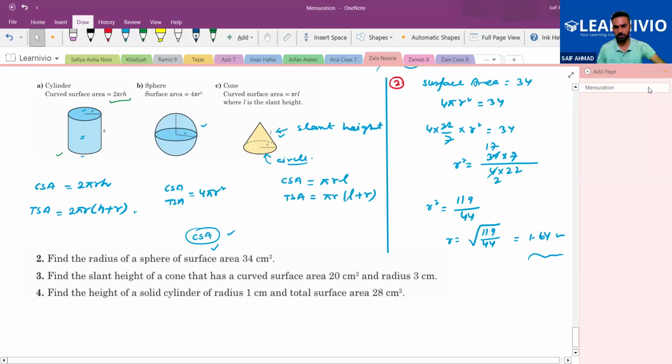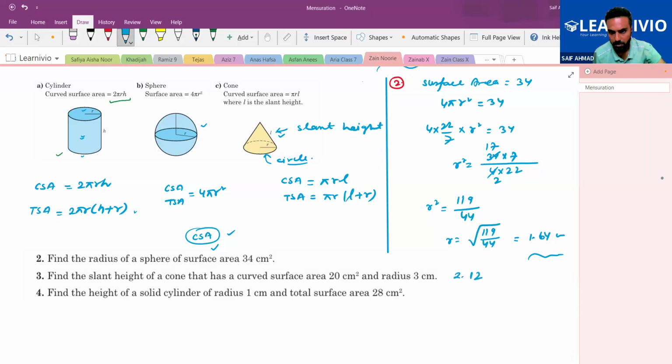I think you got something. It will be 2.12 or 2.57. We got approximately equal, but it will be 2.12. I think you made some calculation mistake. No problem. Yeah, my bad. I did 22 into 7 instead of 20 into 7 by accident.